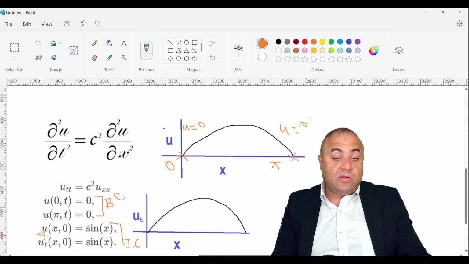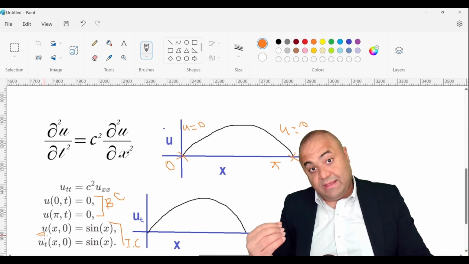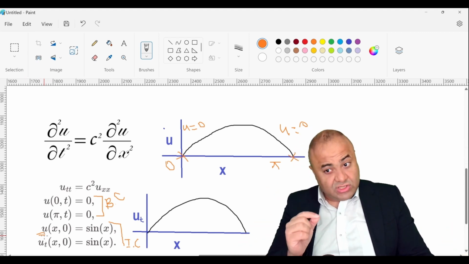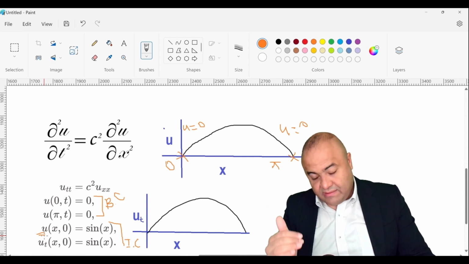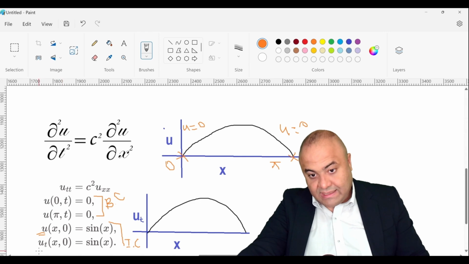But position alone is not enough. This is a second derivative equation, so we also need the speed at which this thread is moving. So the thread will be moving according to this equation, which is ut, also sine of x. Here is 0 and here is pi, and it is going to follow the same equation.